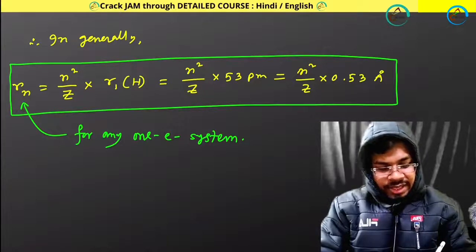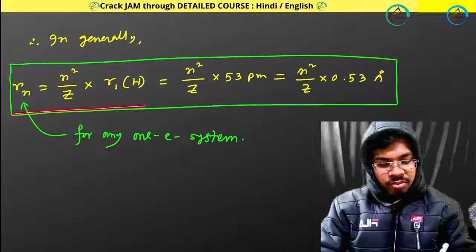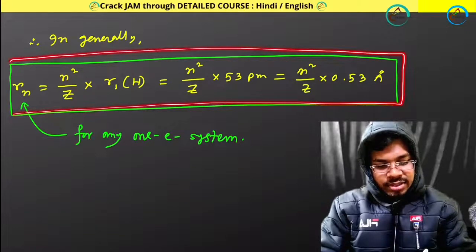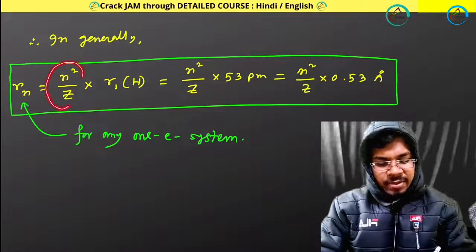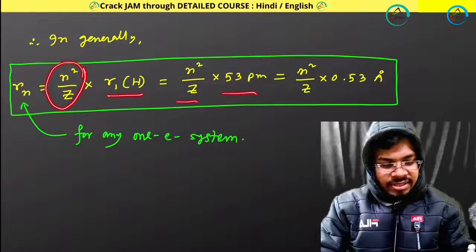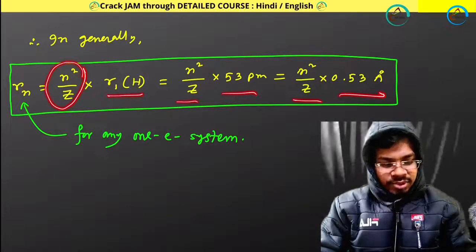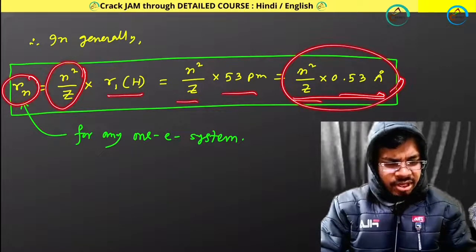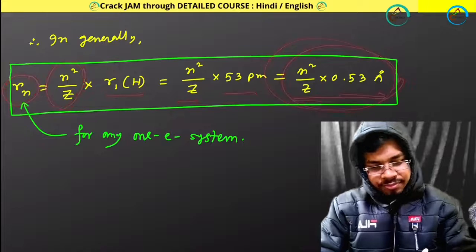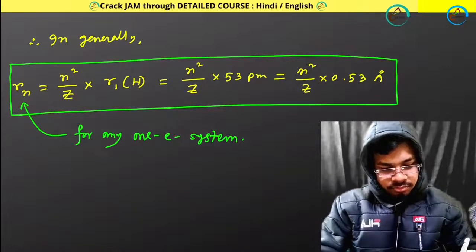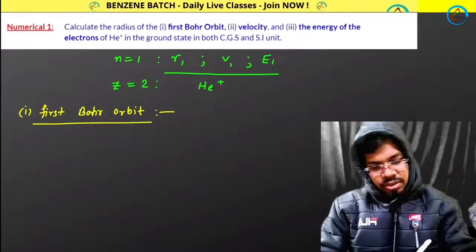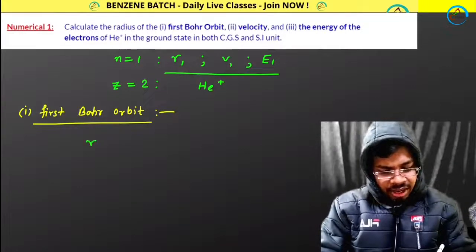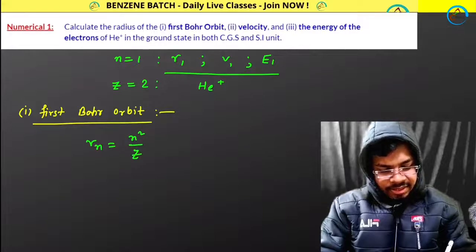So Rn for any one electronic system, you can use this formula simply. Rn equals n square divided by Z multiplied by 0.53 Angstrom.